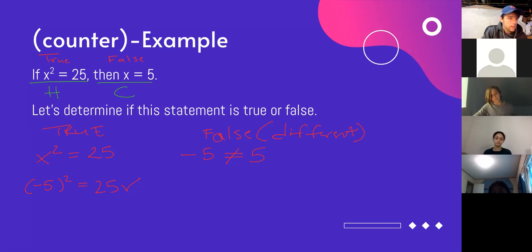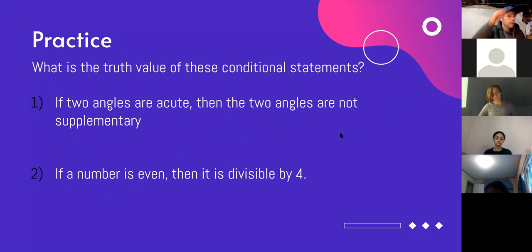Okay, I'm going to go ahead and clear my writing and do this. So what I want you guys to do is to try to decide whether these two conditional statements are true or false. So I'll give you a few minutes to read the statements and think about them and see if you can come up with a counterexample or not.